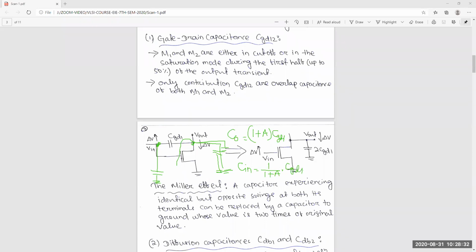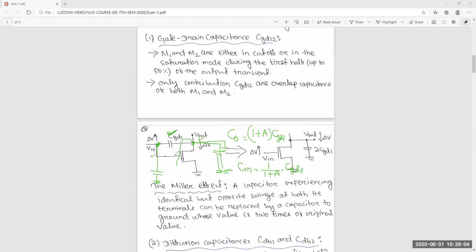This way we can split one capacitor between the output node and the input node. This is the Miller equation. If you want to know more about the Miller effect and Miller equations, you can go through any good material. This is the way we split one capacitor into two sides, one at output, one at input.